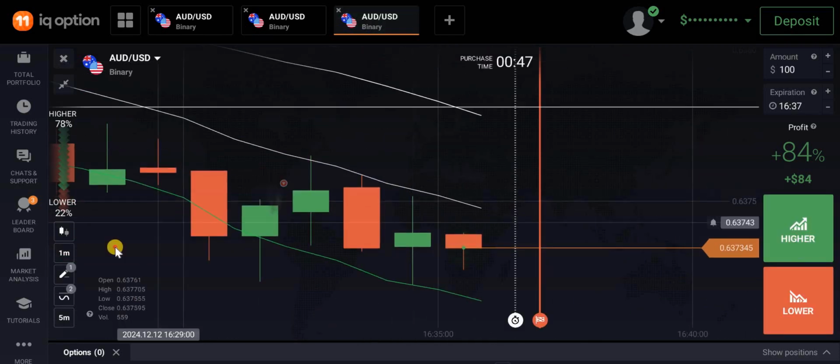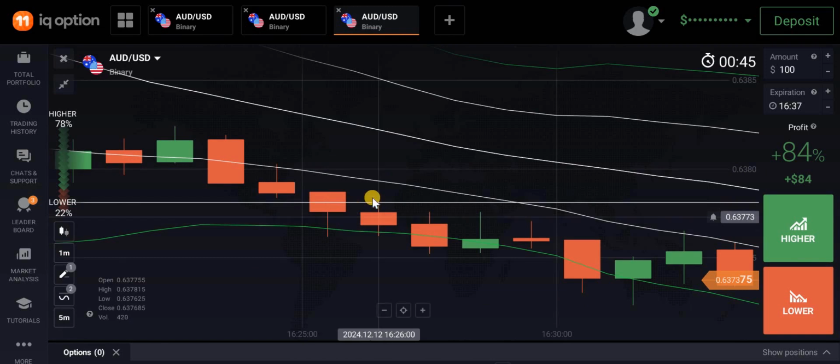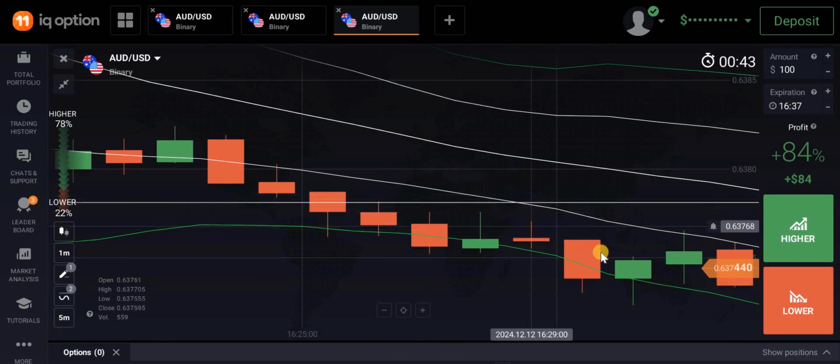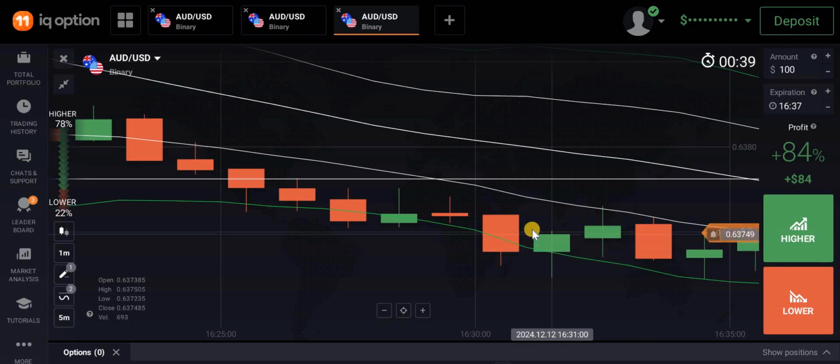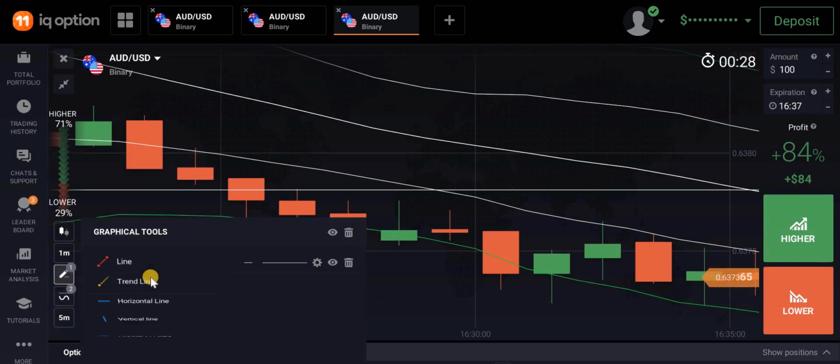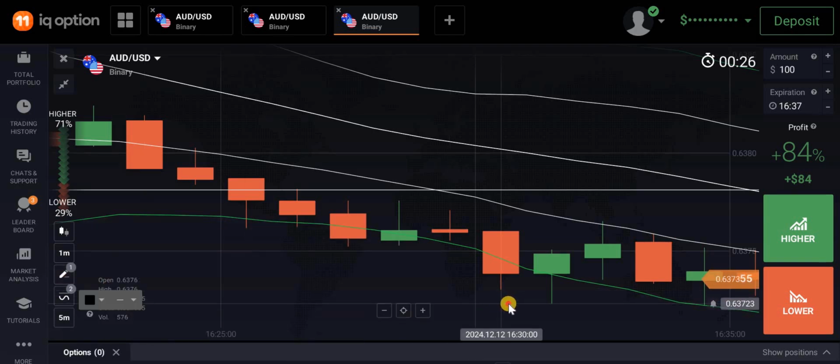And as you can see, because of the effect of buyers not being able to enter here, the price has to come back down to look for the next place where buyers will be strong enough. And from here, there is a round number, so buyers came in. But look at this candle, it is a doji candle, a kind of indecision candle. So buyers are only strong at this level here.